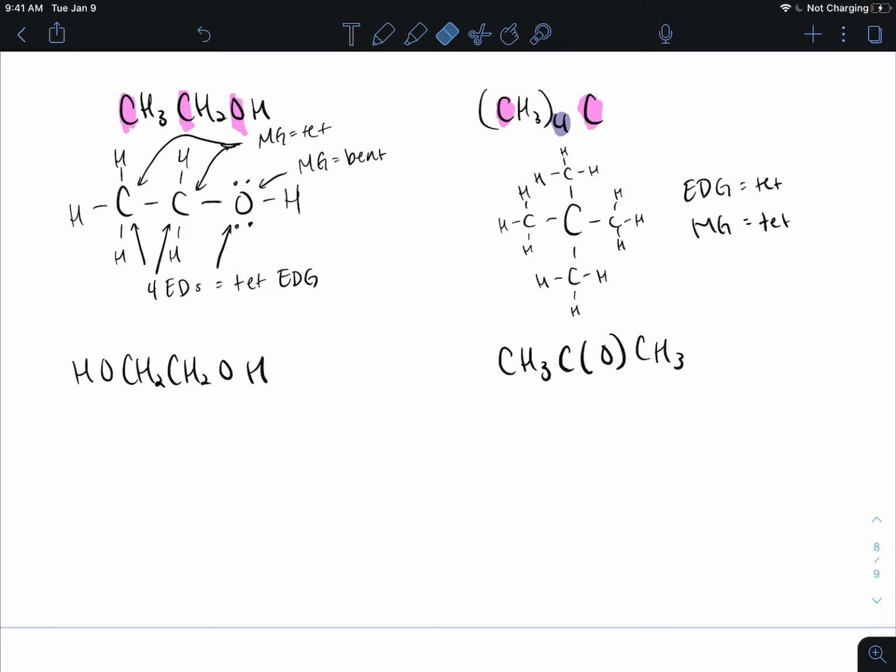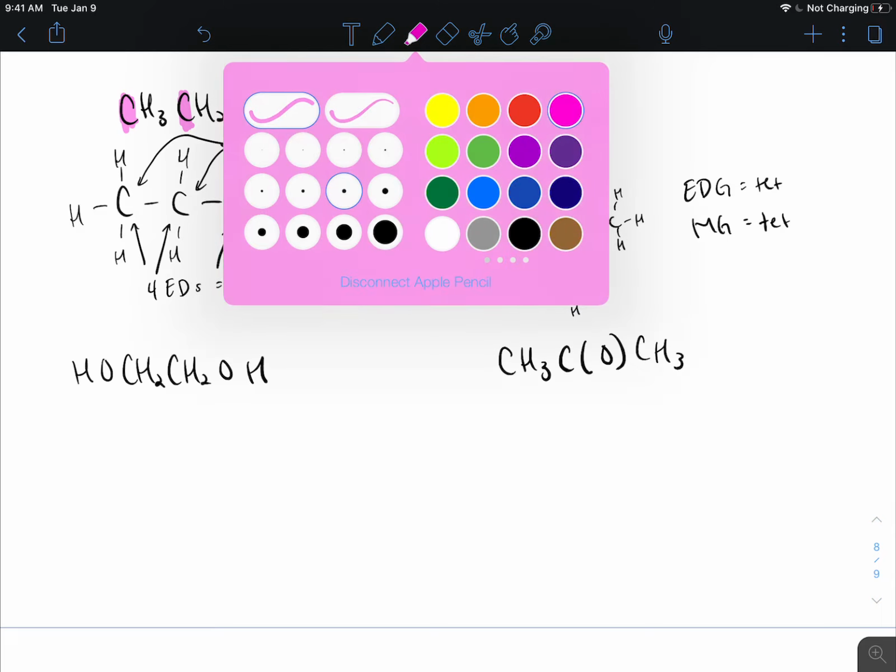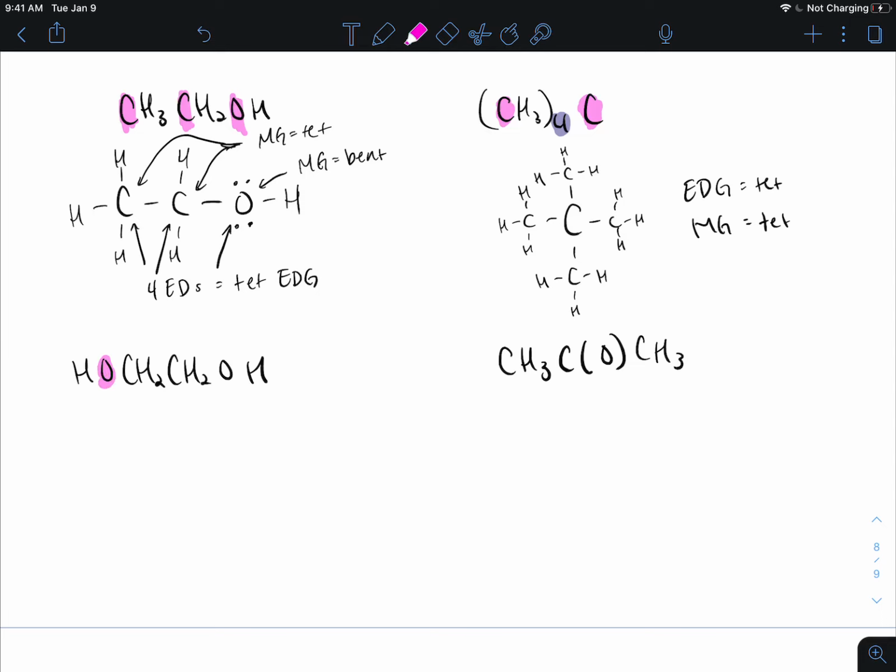Next one. This oxygen connected this carbon, connected this carbon, connected this oxygen. And then we put in our hydrogens. The first oxygen has 1 hydrogen. The carbon has 2 hydrogens. The next carbon has 2 hydrogens. And then the last oxygen has 1 hydrogen. Add those electron pairs in.